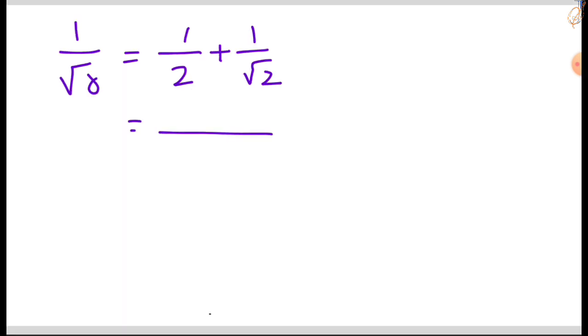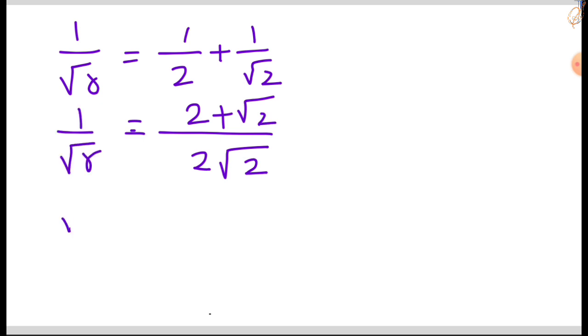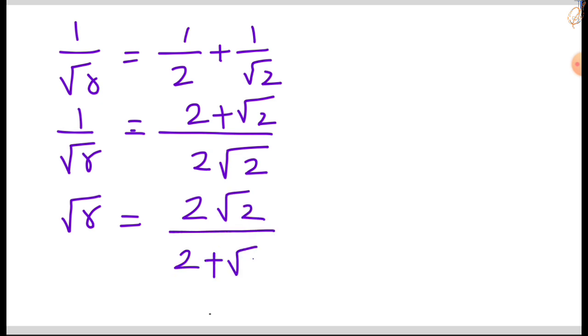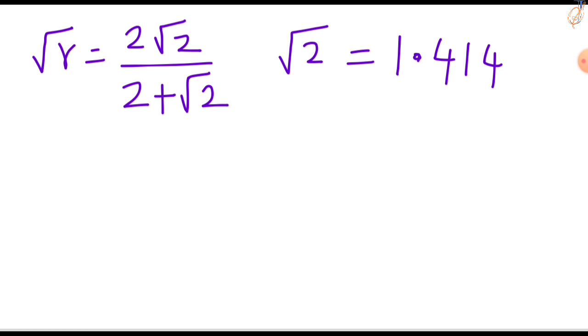Take LCM. This is 2 root 2. So you will get 2 plus root 2. You need to find root R. So the root R value is 2 root 2 by (2 plus root 2). We know that root 2 value is 1.414. Substitute here.